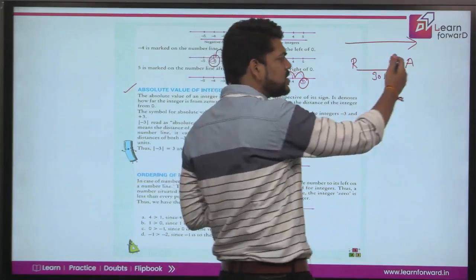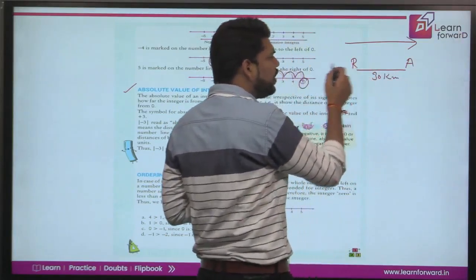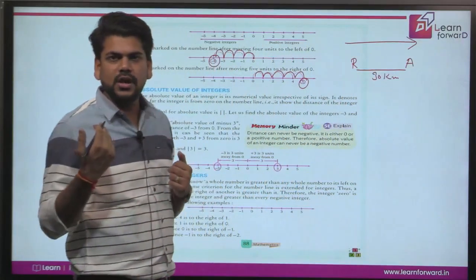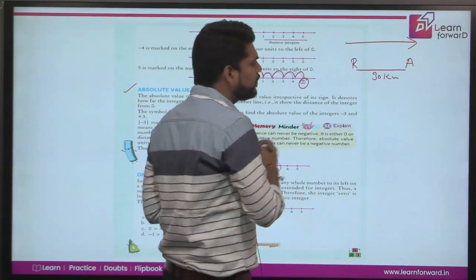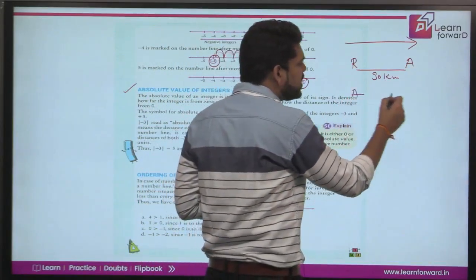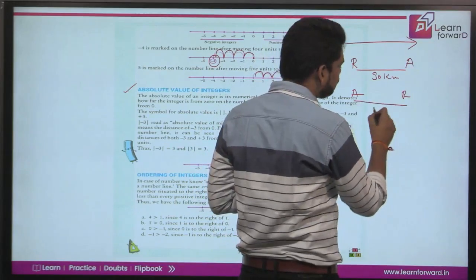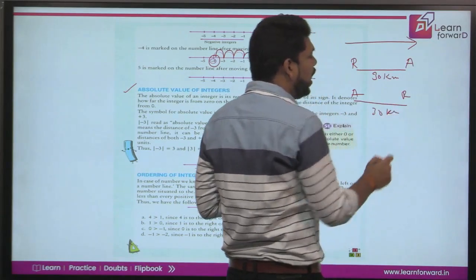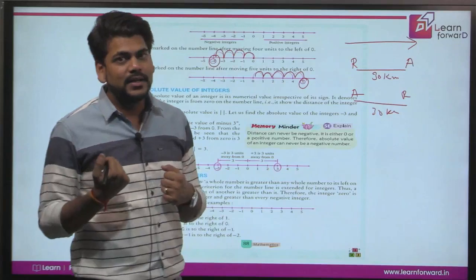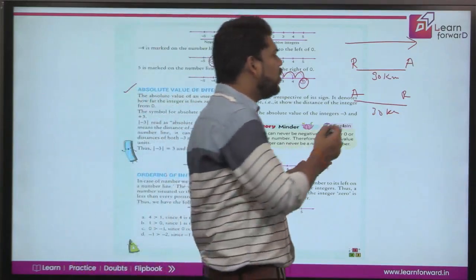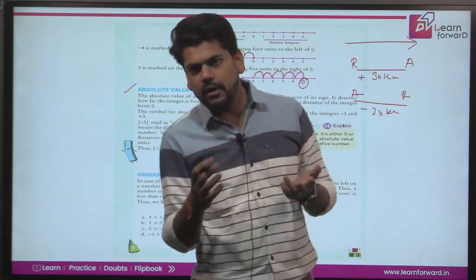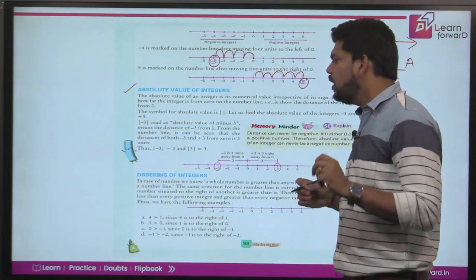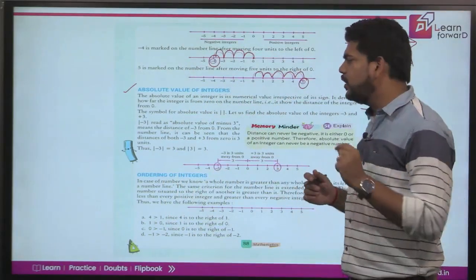Amit is already ahead. So Rahul is 30 kilometers away, behind from Amit. But if I say Amit is here and Rahul is here, now who is behind? Amit is behind. So what we are actually doing, we are not seeing whether it's a positive or negative number. We are only seeing the value of the number.